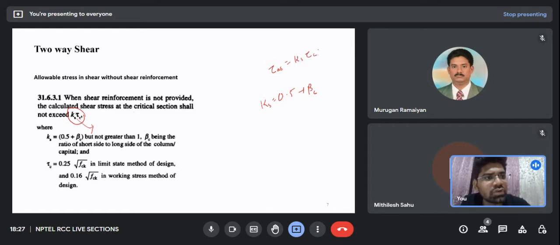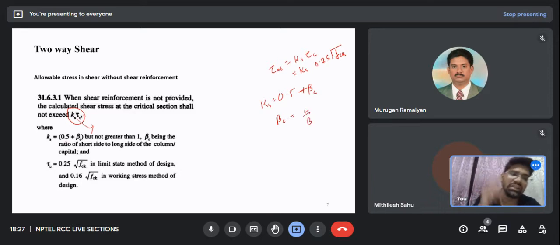Tau c, for the limit state method which we are using, is 0.25 root fck. Now Ks is 0.5 plus beta c, and this value should not exceed 1, so it is always equal to or less than 1. So what is beta c? Beta c is the ratio of the length and breadth of your footing. So that is all I need to show you, how to calculate the resistance of the footing in two-way shear.